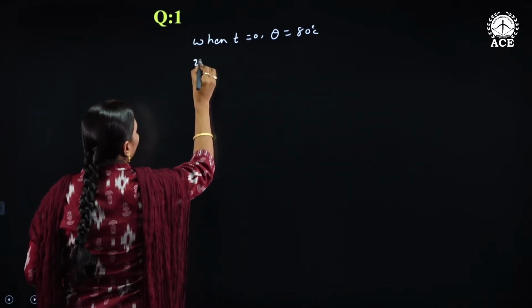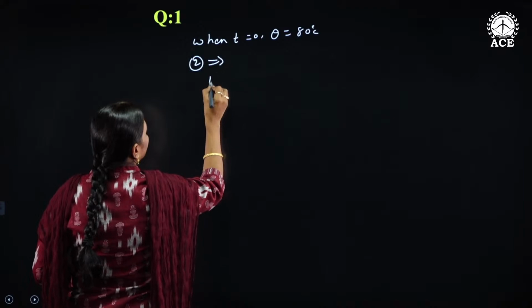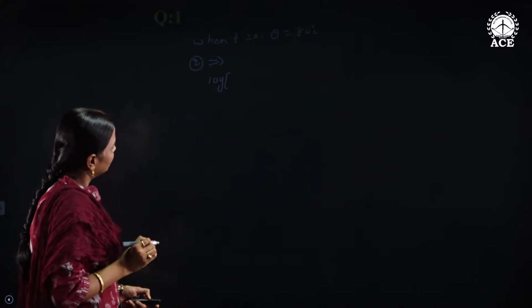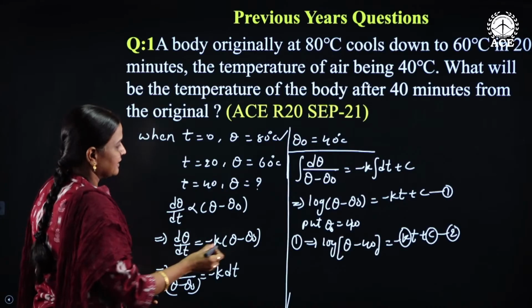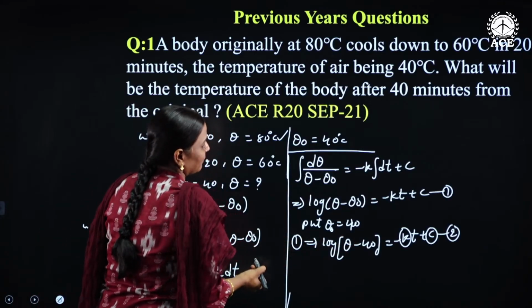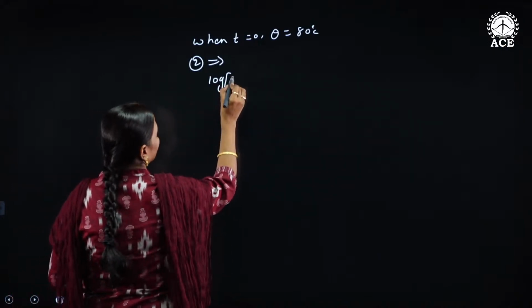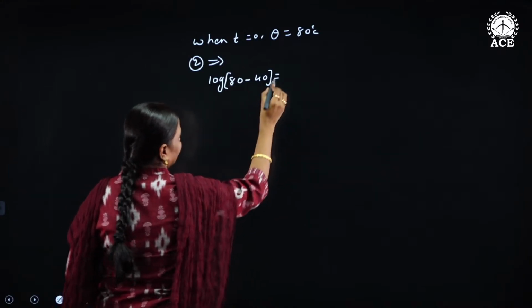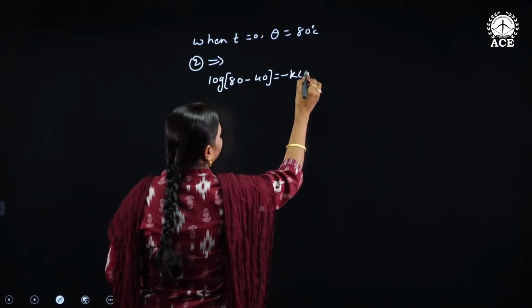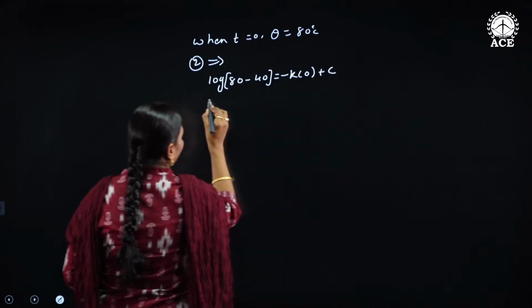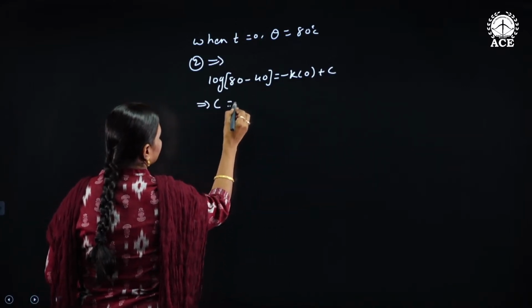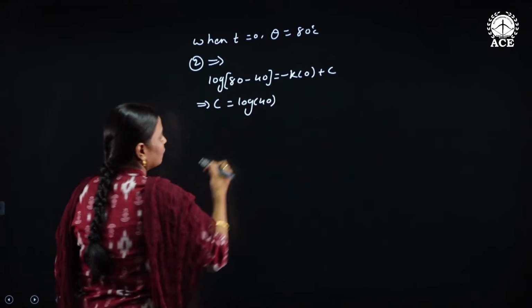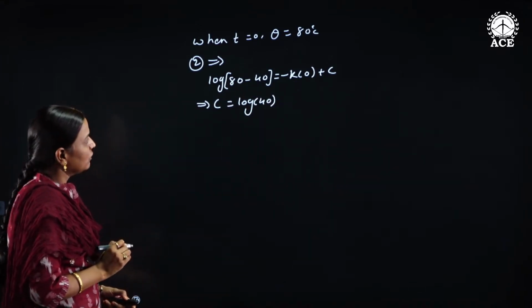Therefore equation 2 becomes log of theta minus 40, but what is the theta value here? Theta is equal to 80, so 80 minus 40, and t is equal to 0, that is minus k into 0 plus c. So from this equation, what is the c value? c is equal to log of 80 minus 40, which is log 40. c is equal to log 40.